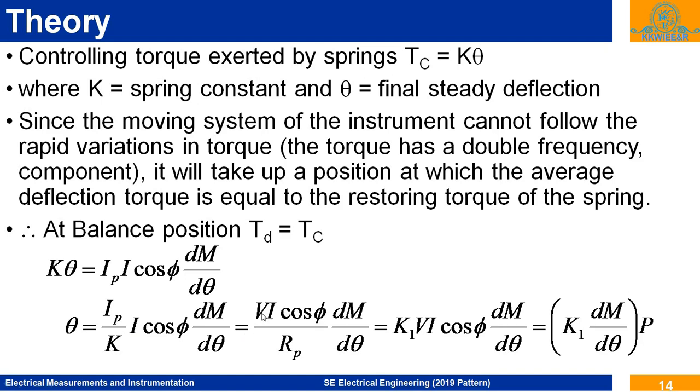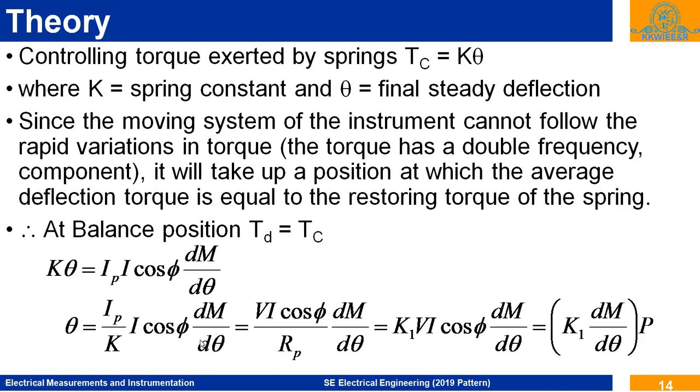Ip is replaced by V upon Rp. After simplification, 1 upon Rp k is replaced by a constant k. Here k is not mentioned.